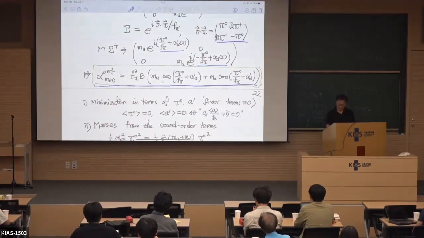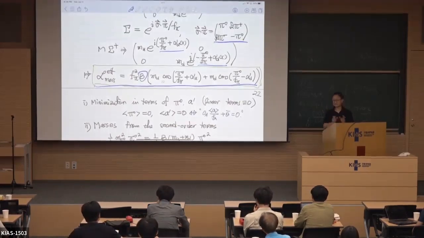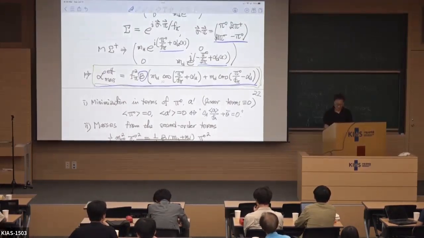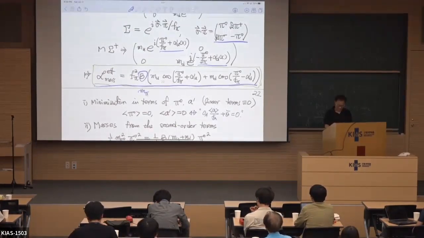Taking the second derivative with respect to the pion, you get (m_u plus m_d) times B is the pion mass. This B is just a fitting parameter. Yes, we don't know what B was. But from this, m_pi goes like this, right? And then we know the pion mass.